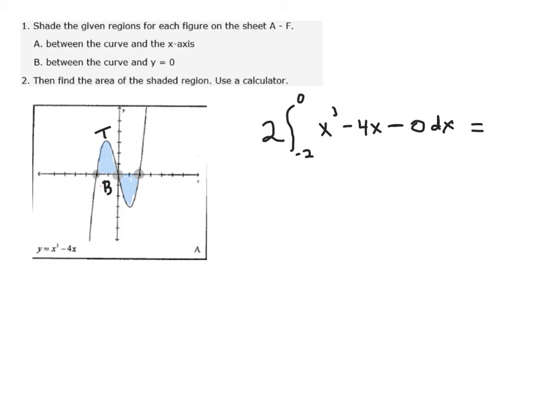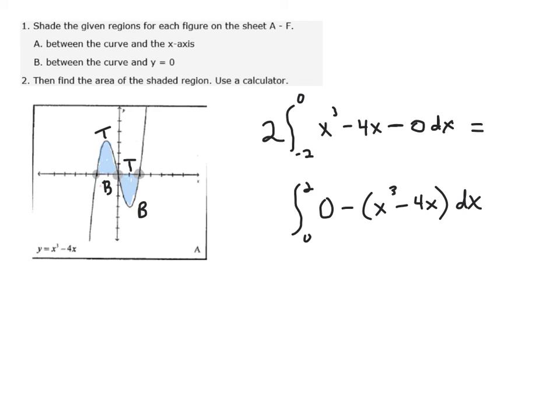But let's go ahead and set up this bottom one, because on the rest of it, note that you need the graph so that you can see that it changes. The top and the bottom are separate. So if I were doing the bottom, right, I would go from 0 to 2, and then I would have 0 minus, and I'm going to put the function in parentheses because that minus sign is going to distribute, right? And so what happens there?